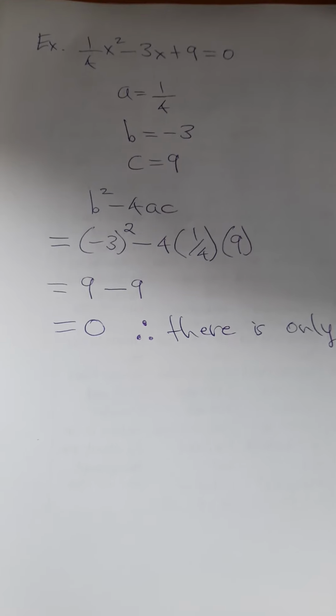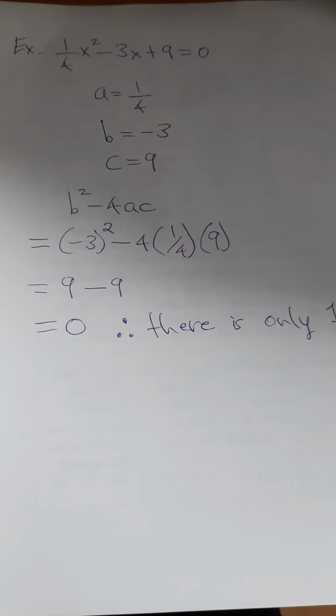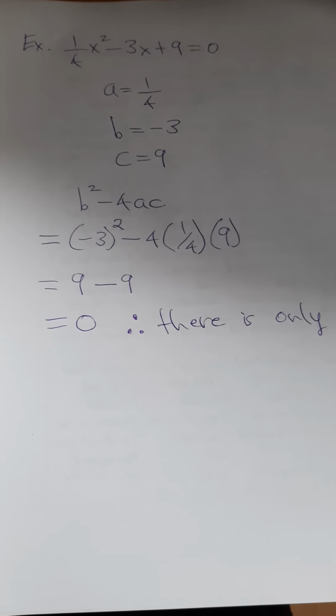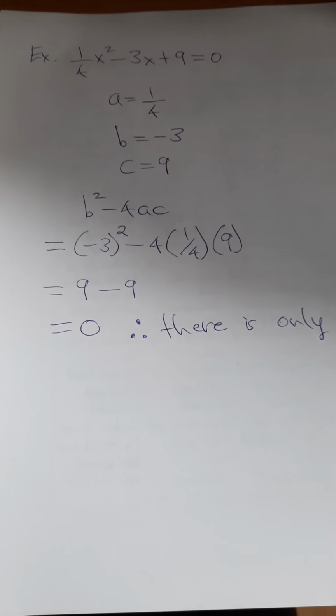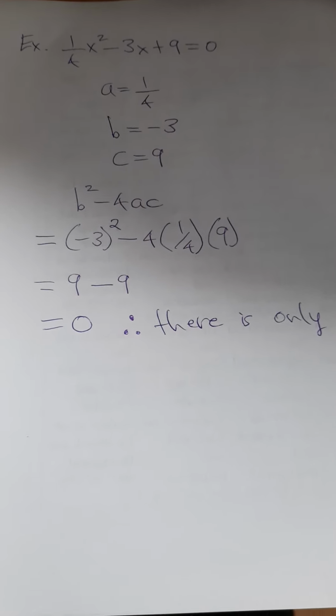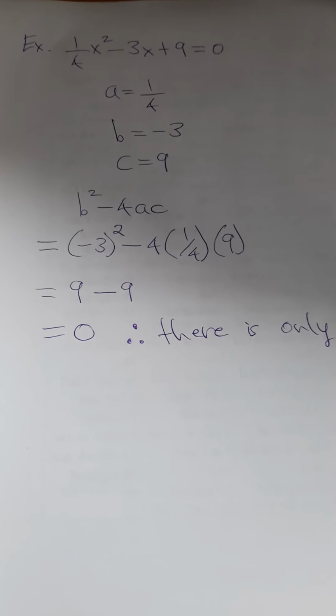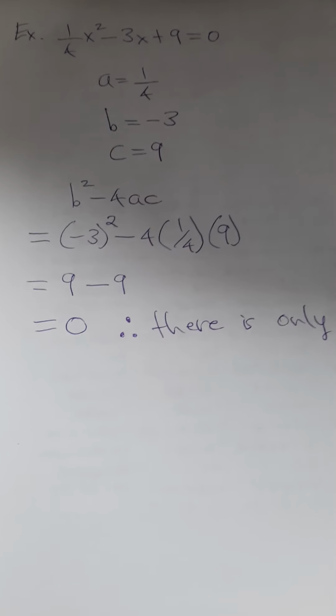So today's class was basically all about the discriminant, which is the expression b squared minus 4ac. All you're doing is taking your quadratic function, plugging in the values for a, b, and c into the b squared minus 4ac expression, and trying to see whether the discriminant is positive, negative, or equal to 0.